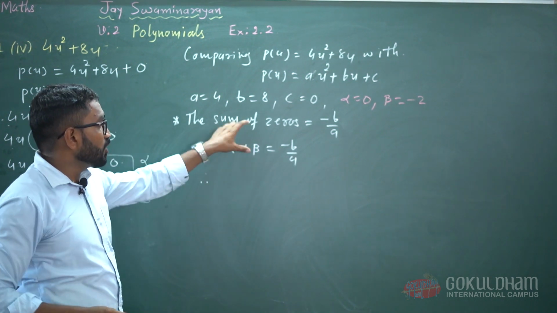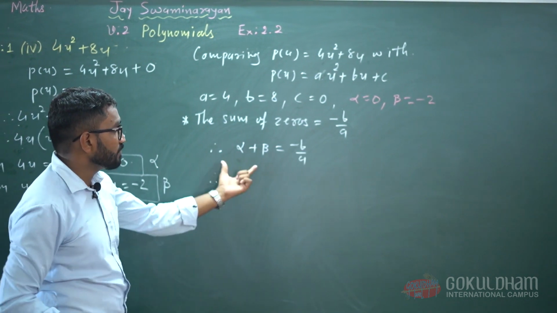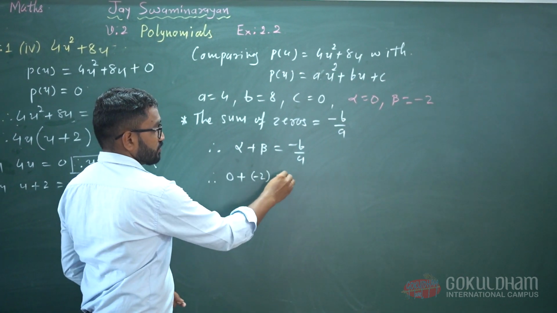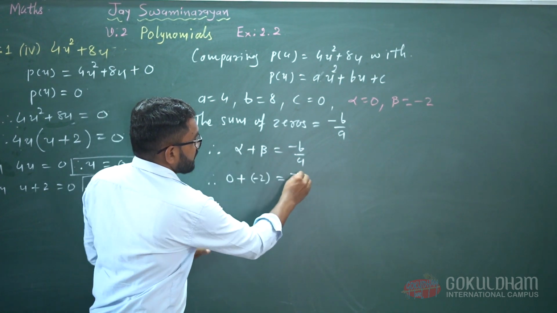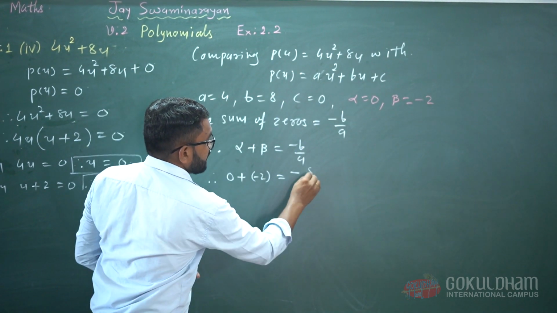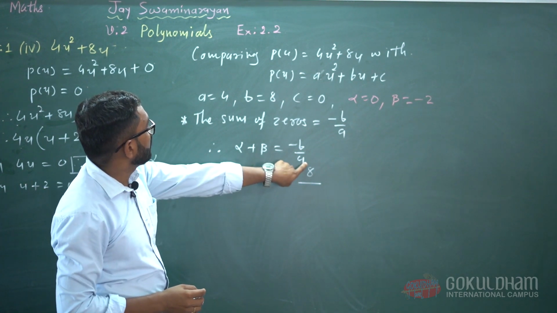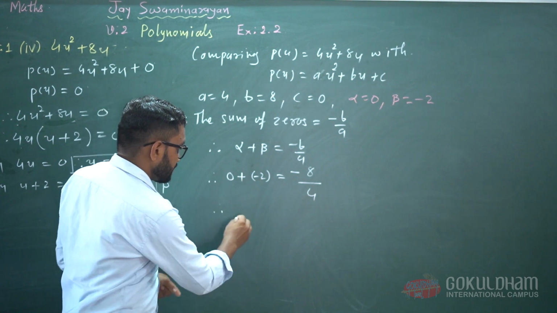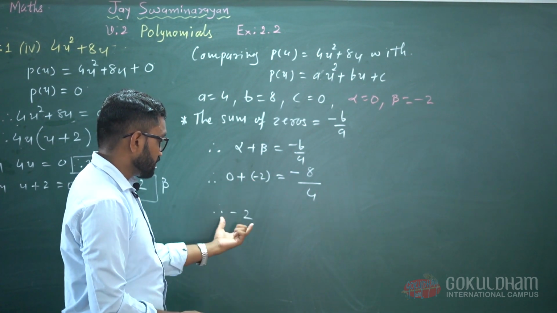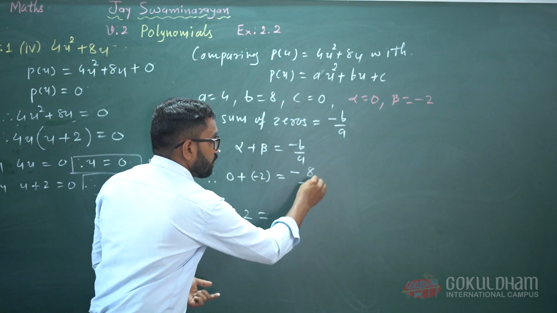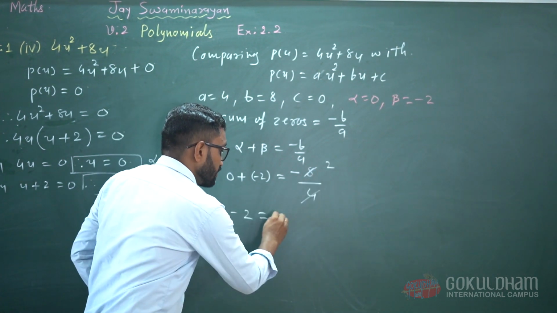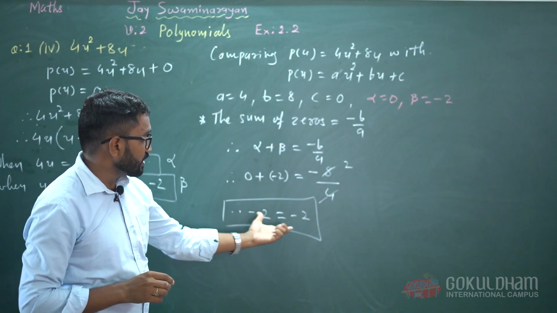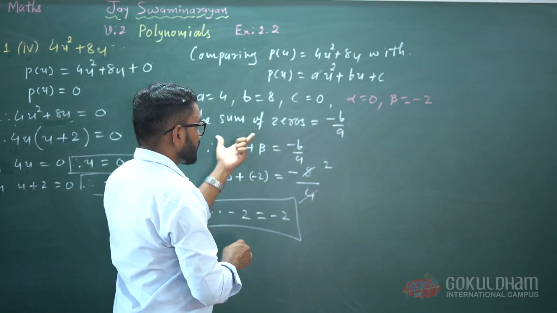Now put the values of alpha, beta and the coefficients: alpha equals 0 plus beta equals minus 2, and minus b, where b is 8 and a is 4. So 0 plus minus 2 is minus 2, and minus 8 by 4 is also minus 2. Both values are equal, so the relation for the sum of zeros is verified.